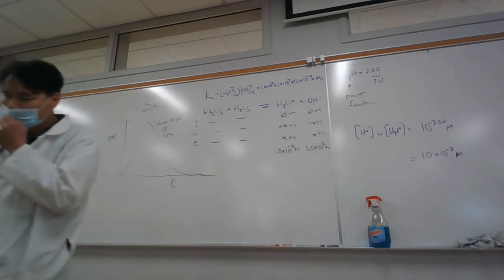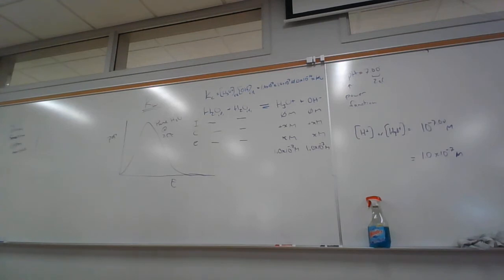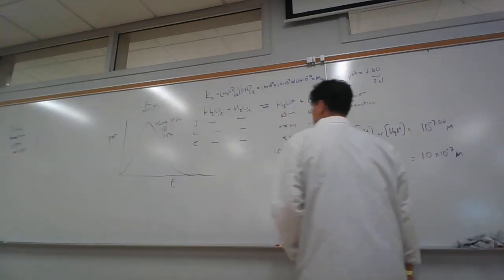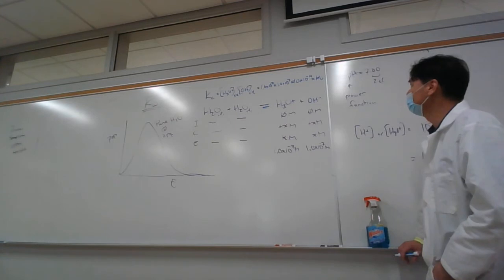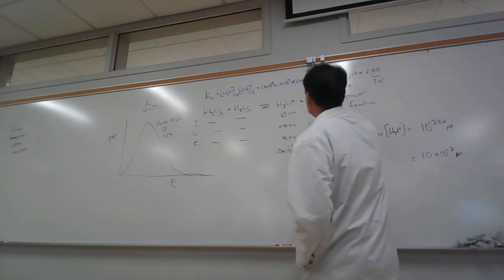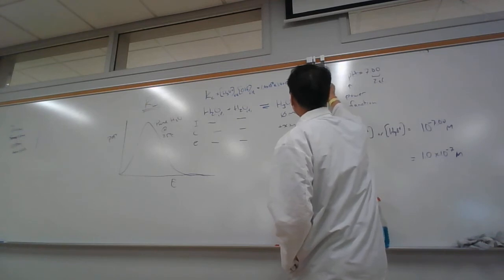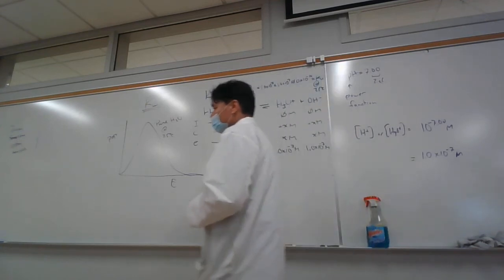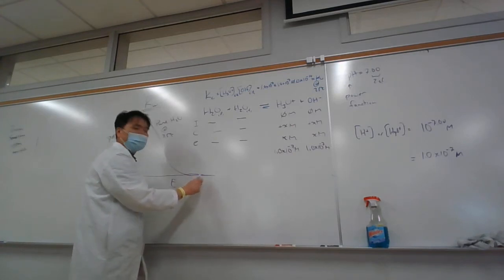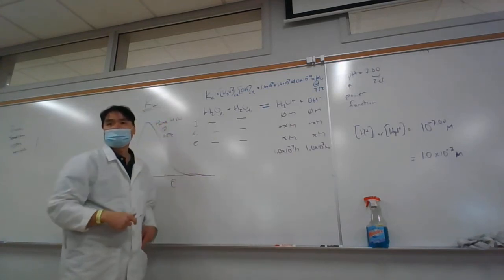Kw is water self-reaction, water auto reaction, water auto ionization, water auto hydrolysis, whatever you want to call it. And Kw is a constant at 25 degrees C. At 25 degrees C, we're going to have that population here that has sufficient energy to make it up the hill.